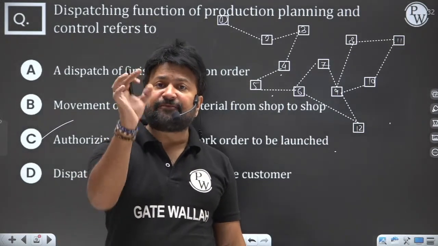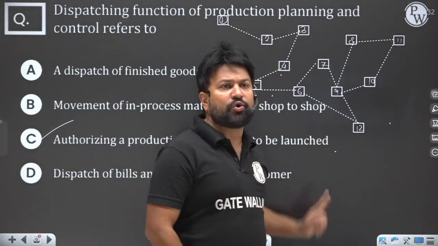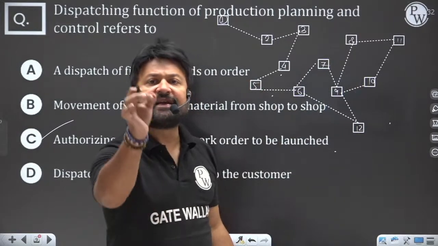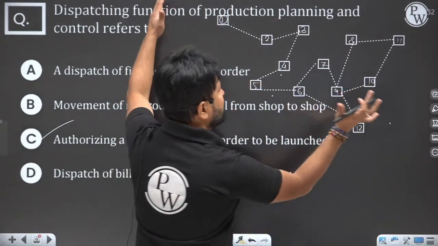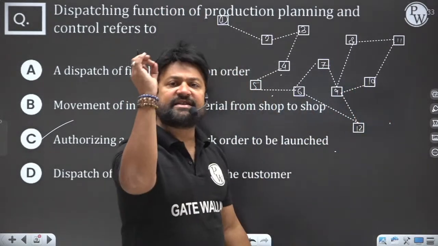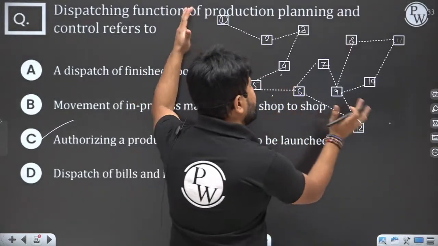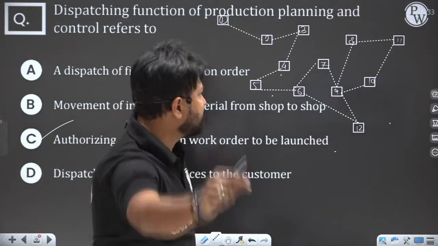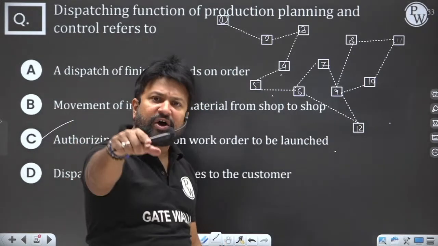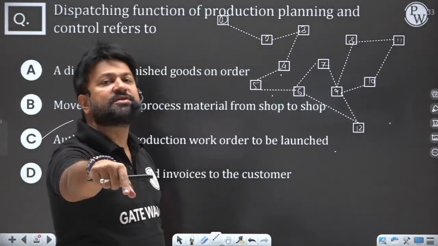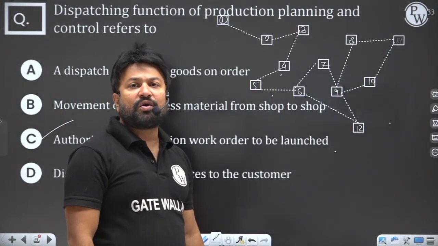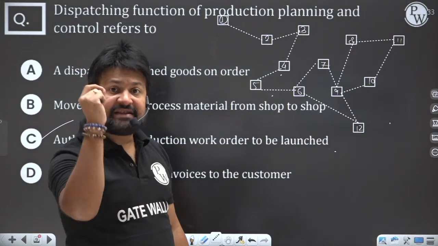So if any fault comes in any route, you can easily find it in the large network, and find out by which shop floor or person the fault came in.